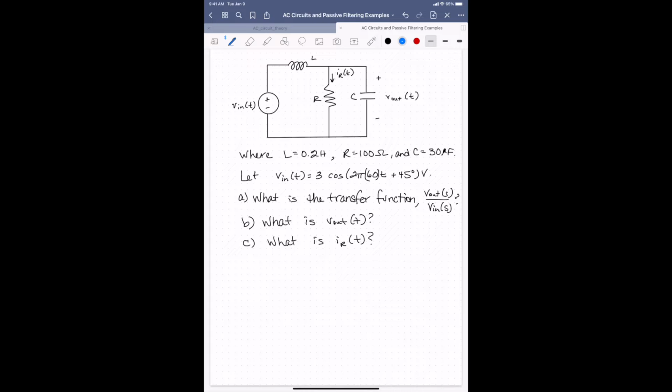We will also solve for IR of t. You could do this problem just doing circuit analysis with the complex values, but this is showing you an alternate approach.